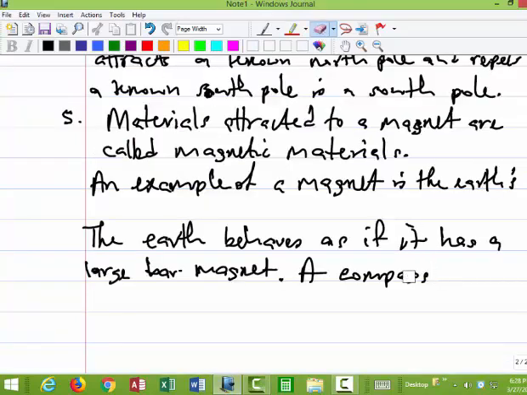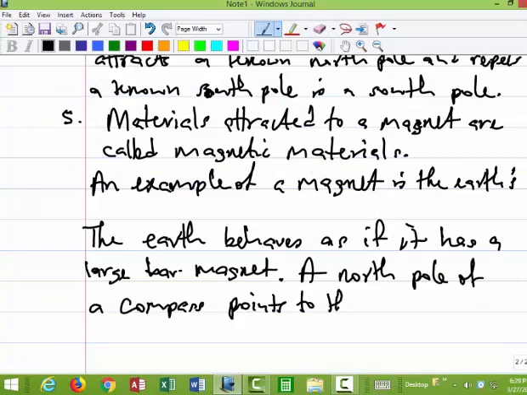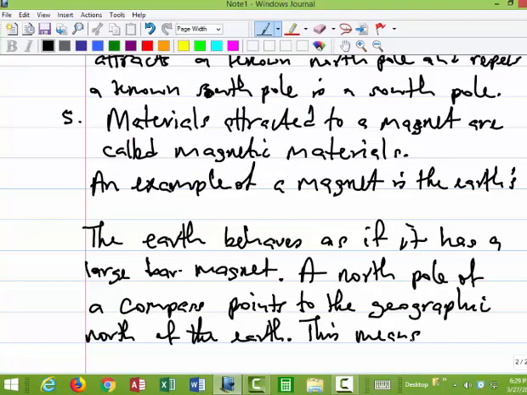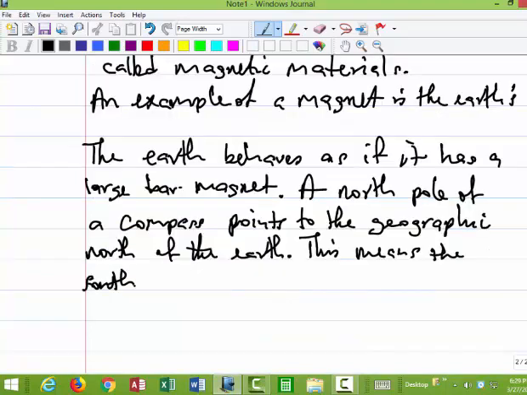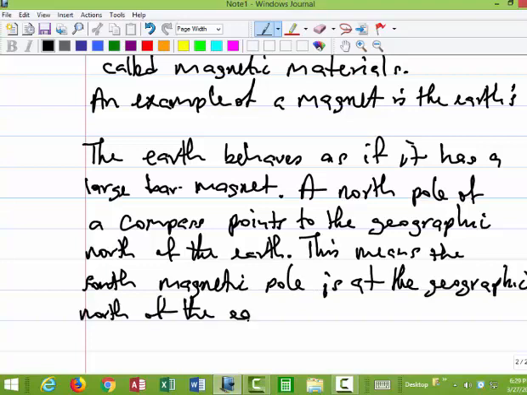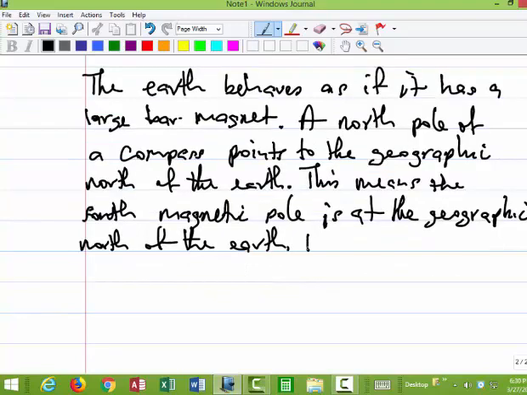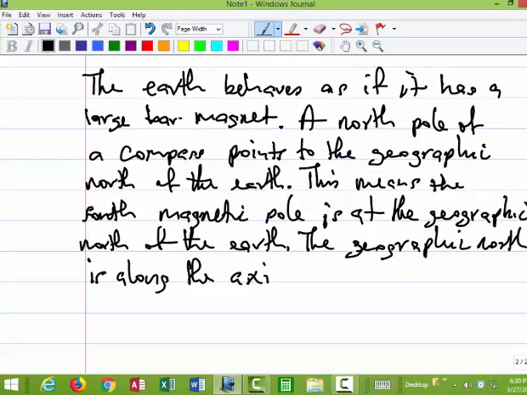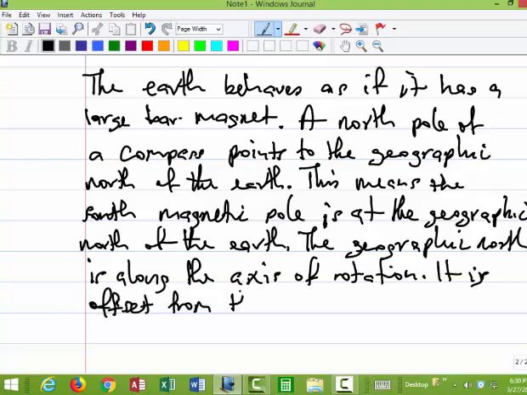The north pole of a compass points to the geographic north of the Earth. This means the south magnetic pole is at the geographic north of the Earth. The geographic north is along the axis of rotation, and it is offset from the magnetic south pole.